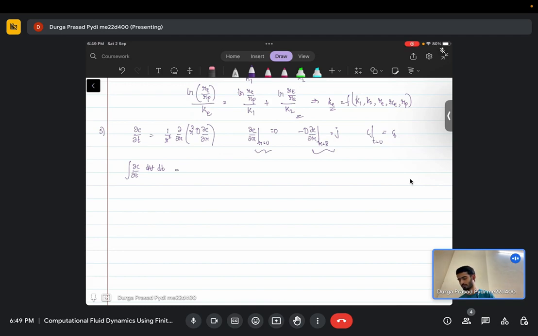Maybe before that, just for simplicity, I am taking the r square on the LHS, and then we will integrate.